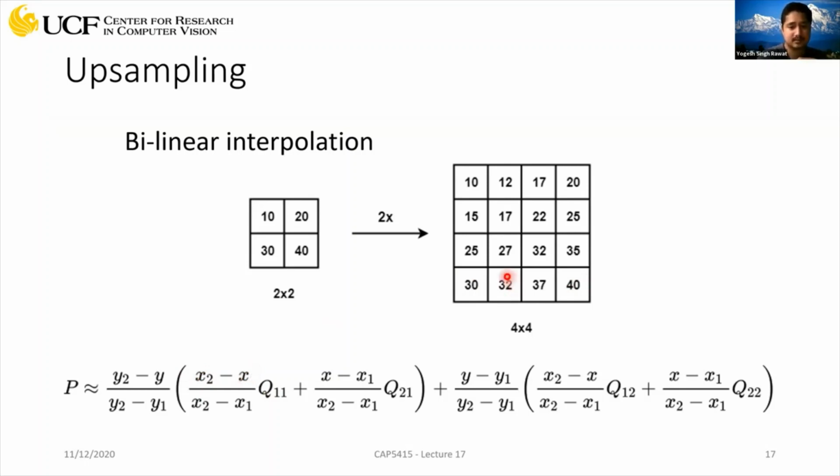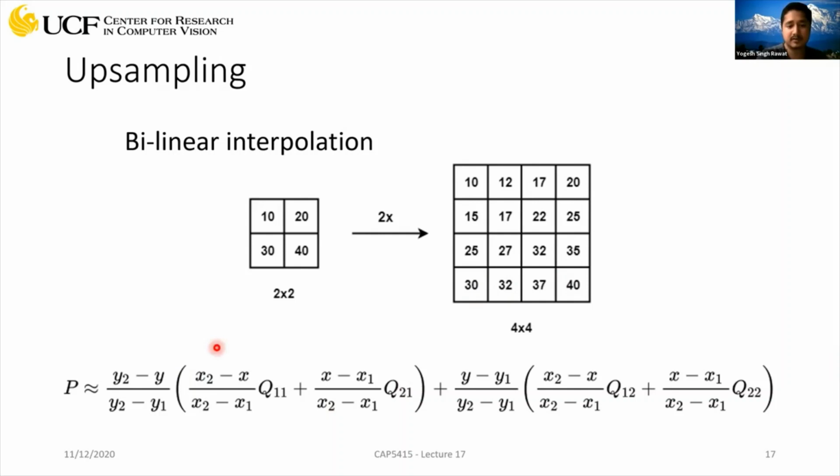So we find this distance, X2 minus X, how far this is, and divide it by the total distance, which is X2 minus X1, and then multiply that with Q1. And similarly, we take X minus X1 over the total distance and multiply with Q2. So that's the linear combination. And if the location for which we need to compute the value is between these two locations, then we only need this operation.